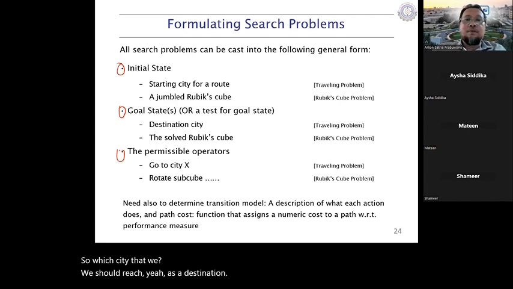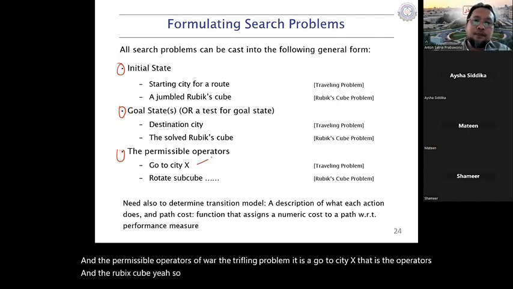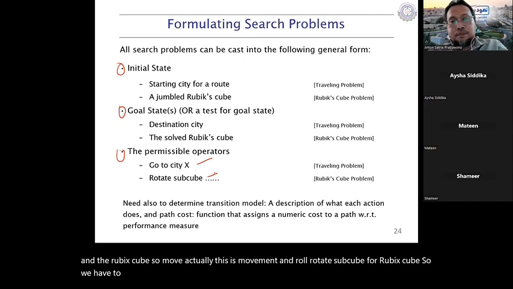And the permissible operators for the traveling problem is go to city X. For the Rubik's cube, it is movement, rotating a subcube. So we have to rotate the subcube to reach the next aim or destination.